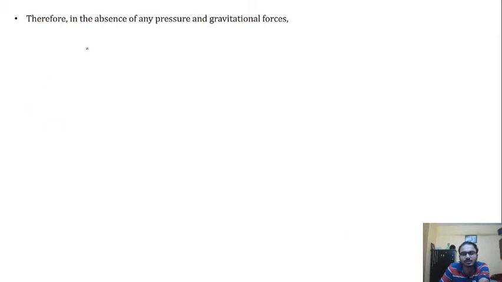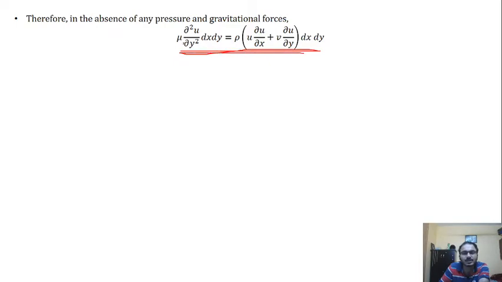So therefore, in the absence of any pressure or gravitational forces, we can write down this. Okay, because if you see, the left hand side is viscous forces and right hand side is the resultant x momentum.